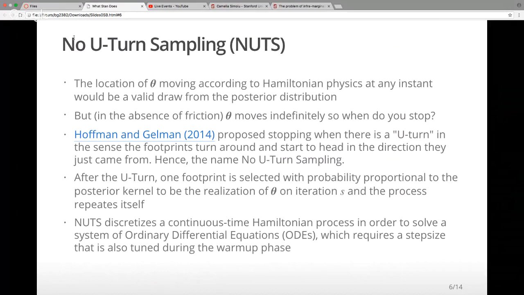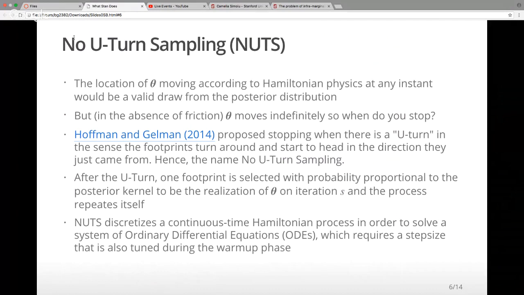And the system, unlike the systems that you're probably familiar with, doesn't have friction. And so it could move indefinitely if you just give it some wind to provide momentum. So if it moves around indefinitely, when do you stop? And so a postdoc named Matt Hoffman, who was here a few years ago, proposed stopping when the theta particle or system of theta particles makes a U-turn and starts to come back the direction that it came from.